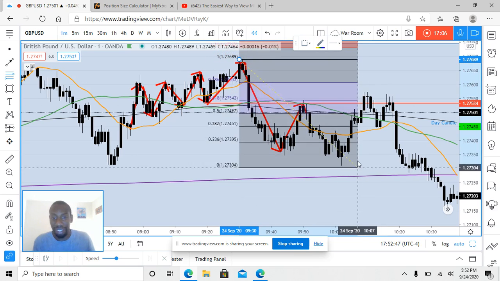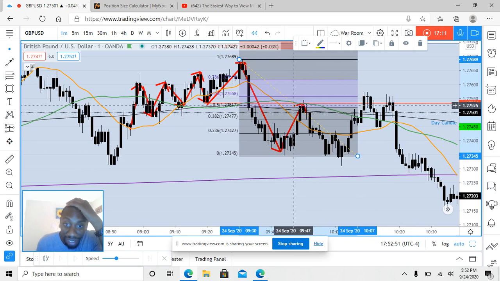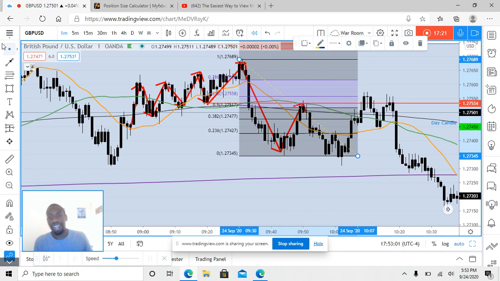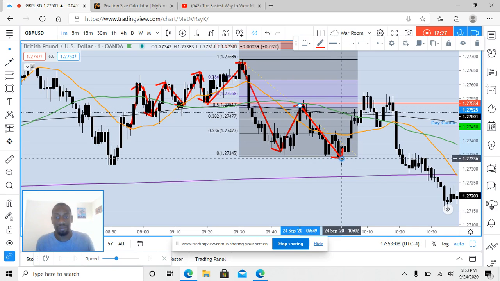You pull out your fib. Oh, look, we got a nice retracement between the 50 and 60 right there. We got a nice wick right there. What happens next? Drop. Sell. Boom.